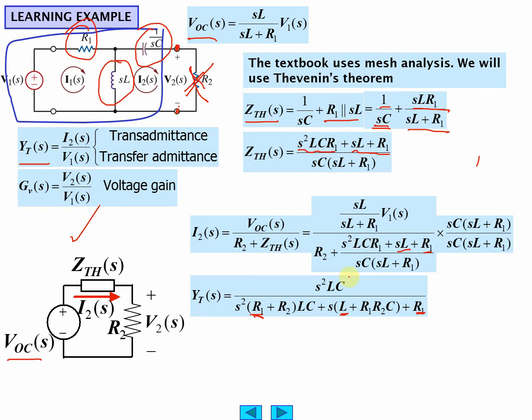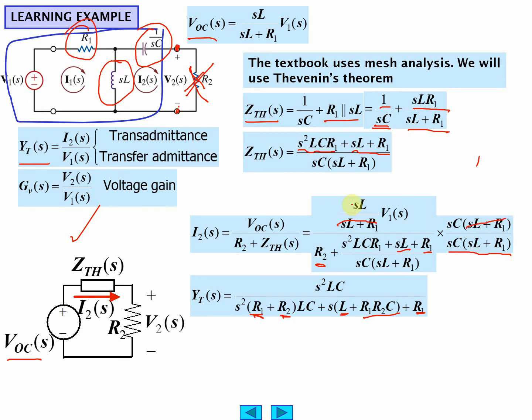Good. And the rest of this is R2 times this stuff. So S squared LC R2, there it is, right there. SC R1 R2, there it is, right there. Okay, so we know the bottom's correct. And SL R1 cancels out this SL R1.